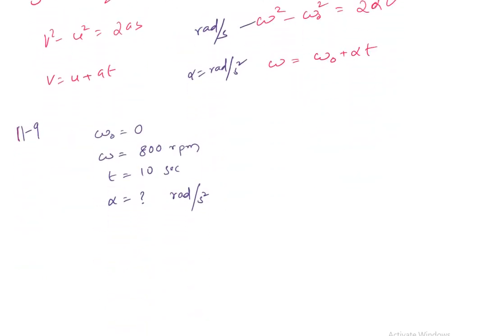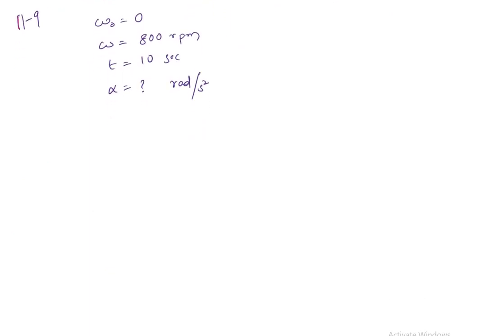Now we know that 2 pi radians is 360 degrees, right? So we're going to use that as a conversion factor. A lot of times in these problems, the question is given in terms of either degrees or RPM.